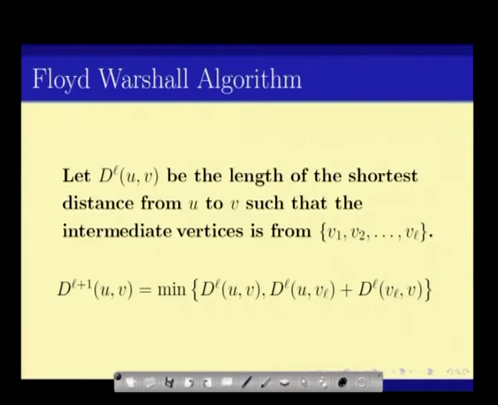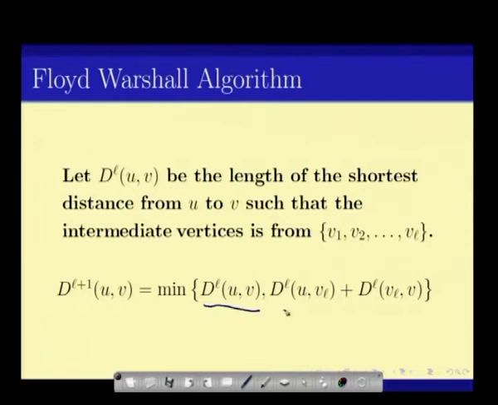Either this path did not use VL plus 1, in that case, for D(L+1)(U,V), I might not use the last vertex. In that case, it is exactly the same as the shortest path that I had in the earlier problem. Or the other option is that I had used the last one.